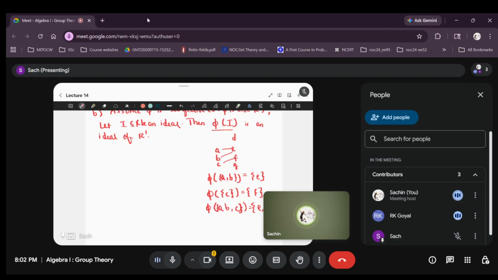So the image of the set I is simply the set of all images of elements in I.